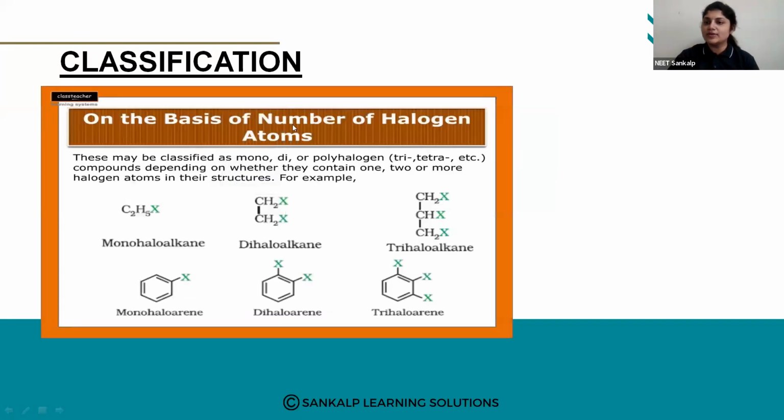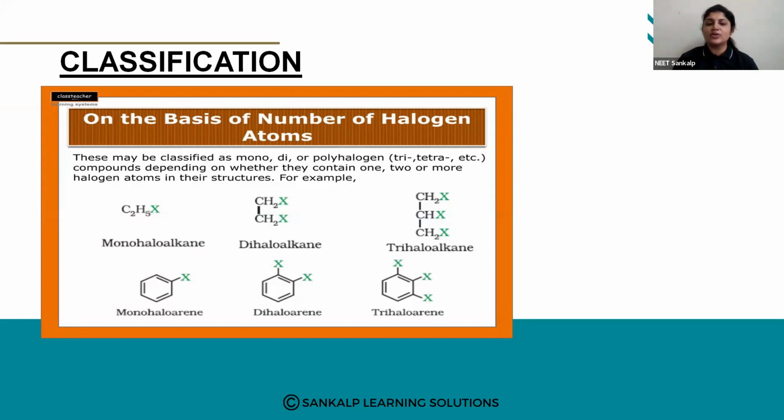Then we discussed the classification. First was the classification based on the number of halogen atoms. If there is one halogen atom, it is called monohaloalkane. If there are two, dihaloalkane.